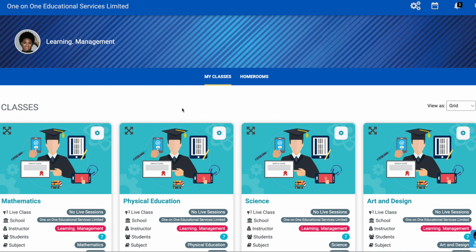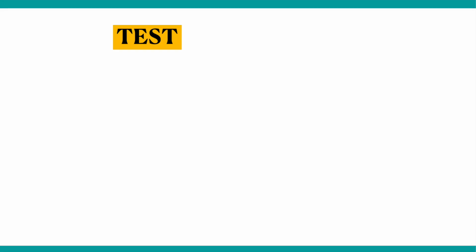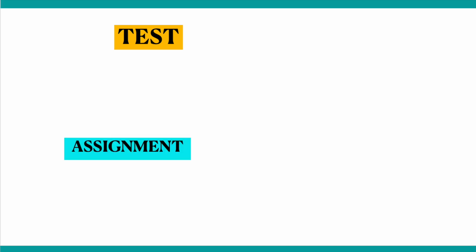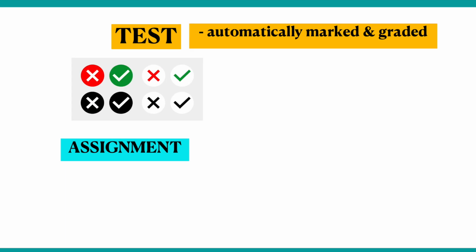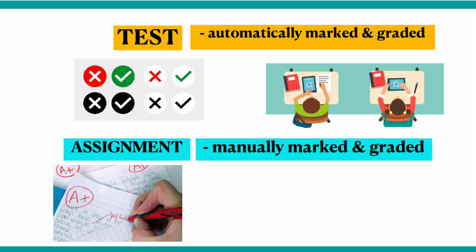On the LMS, there are 2 tools used for grades and work submission: tests and assignments. Tests are assignments that are automatically marked and graded by the system. Assignments require manual marking and grading. With tests, students must complete and submit their work through the LMS on individual devices.